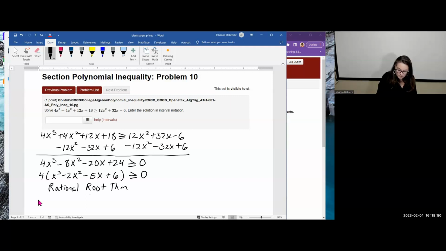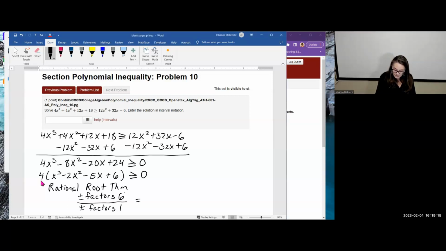Remember, it comes from the factors of the constant term at the back. So all the positive and negative factors of 6 divided by all the positive and negative factors of the leading coefficient. We've already factored the 4 out, so now the leading coefficient is going to be the number multiplied by x cubed in the parentheses, which is 1.